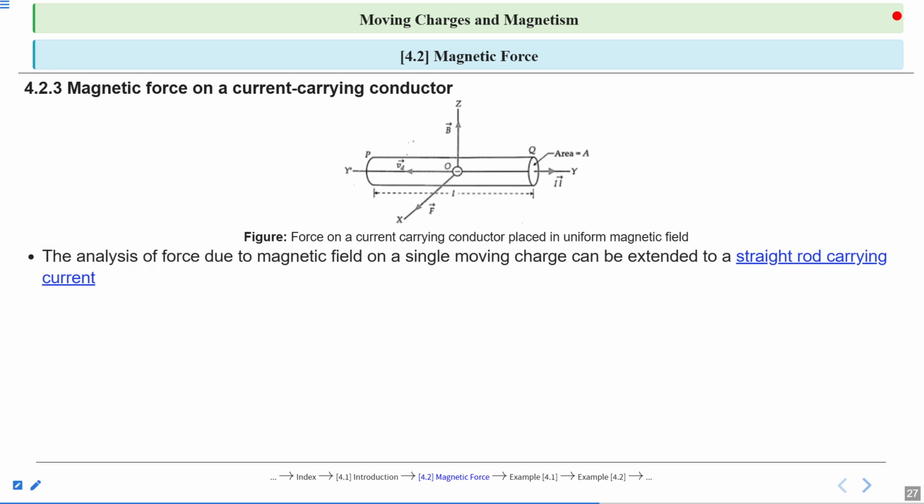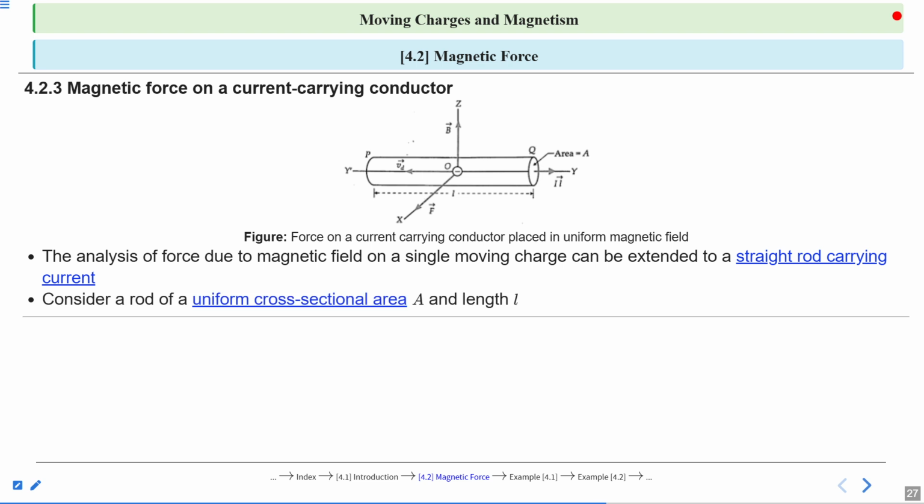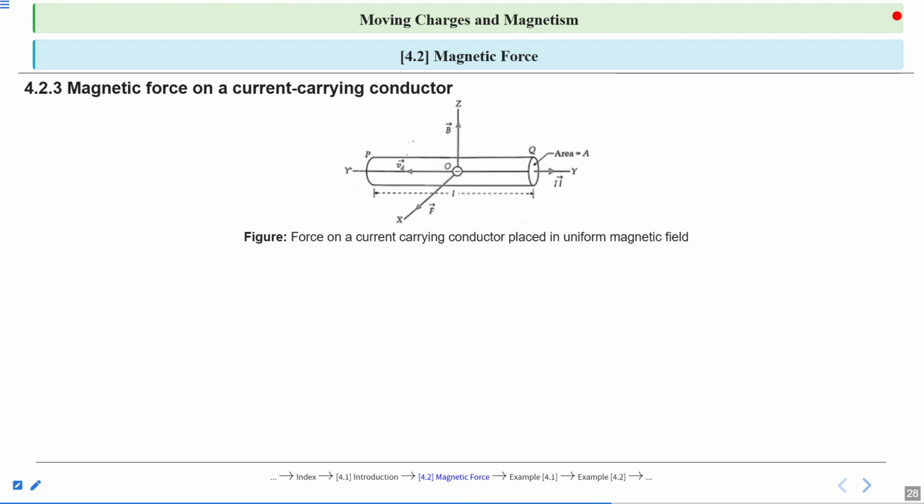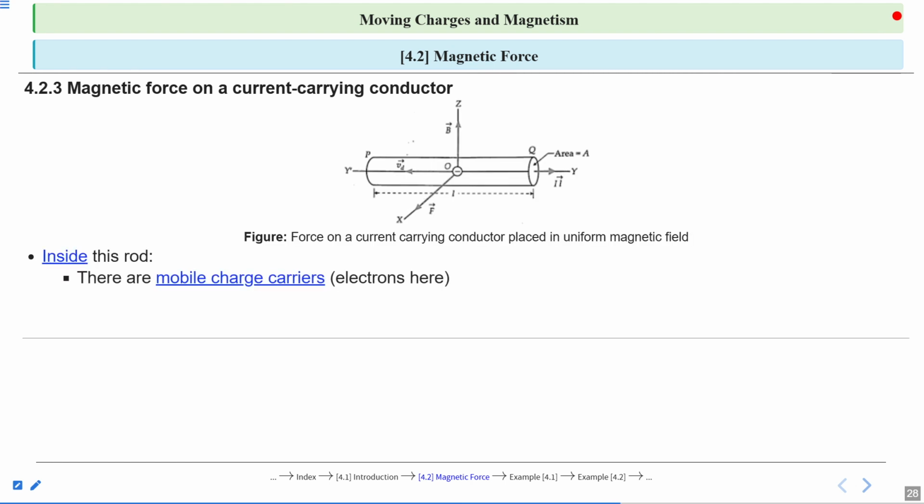The analysis of force due to magnetic field on a single moving charge can be extended to a straight rod carrying current. Consider a rod of uniform cross-sectional area A and length L. Inside the rod, there are mobile charge carriers, electrons here.